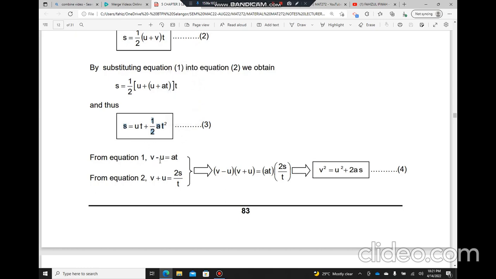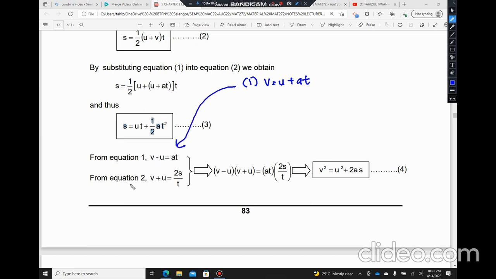Okay, from equation 1, v minus u equals at. Tadi sebab kita ada equation 1, v equals u plus at, kita ubah dan dapat v minus u equals at. And then from equation 2, which is s equals one over 2 u plus v t, kita susun balik, kita dapat v plus u equals 2s over t.